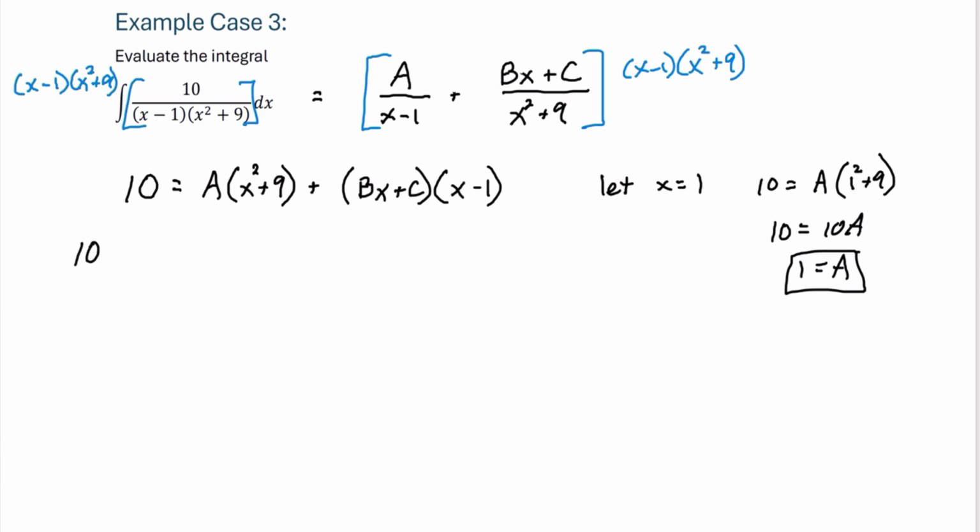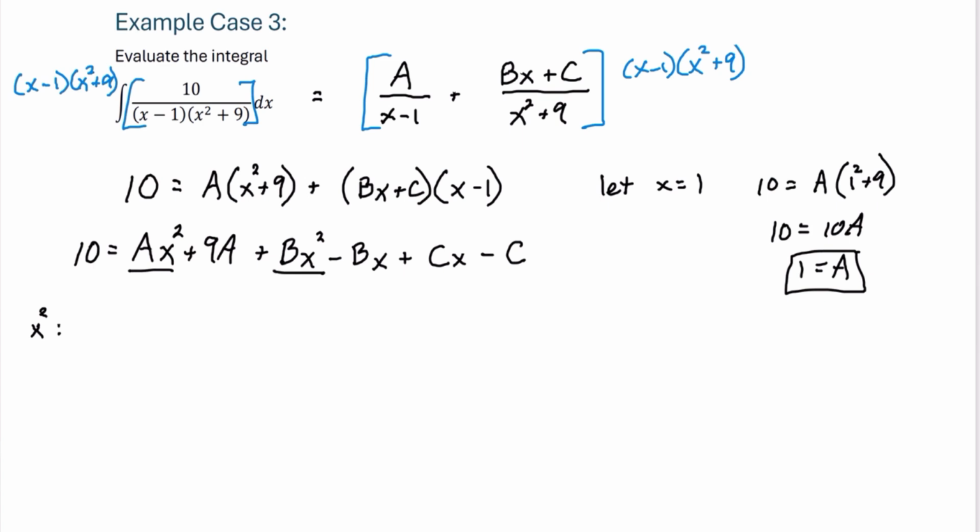So let's distribute. We get ax squared plus 9a plus bx squared minus bx plus cx minus c. Let's go through and equate those coefficients. Let's focus on all the x squared terms, ax squared and bx squared.